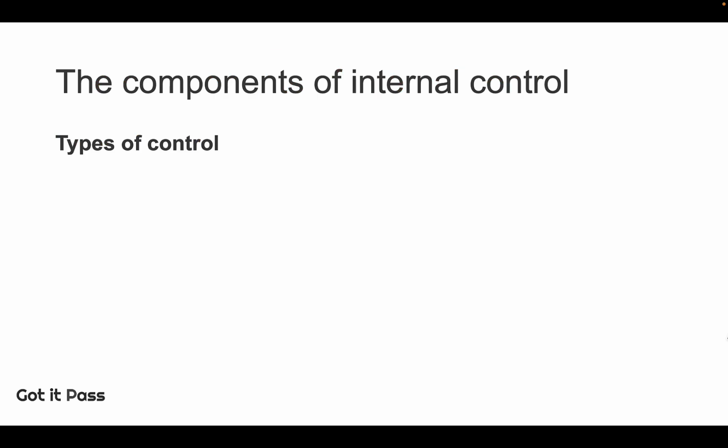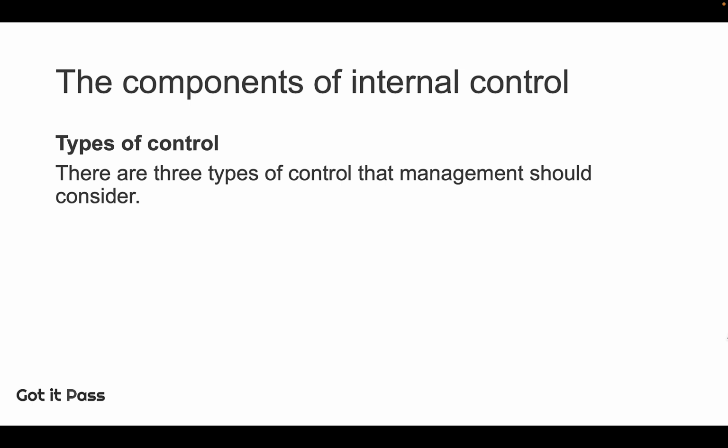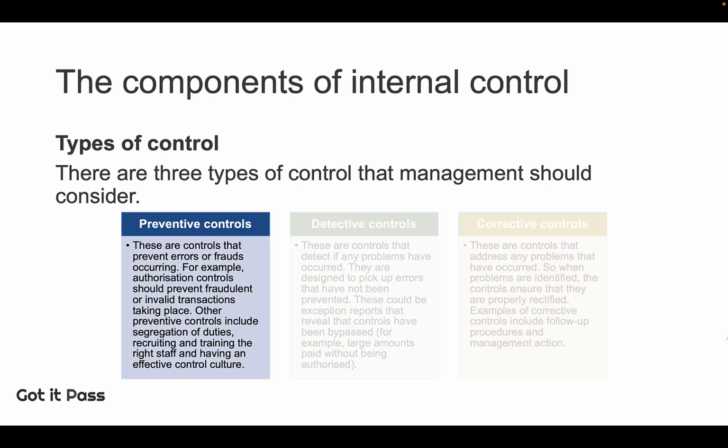So now let's move on to discuss the three types of control. In this class, we talk a lot about control activities and examples. So right now, it's time for me to summarize three major types of control that management should consider. First is preventive controls.